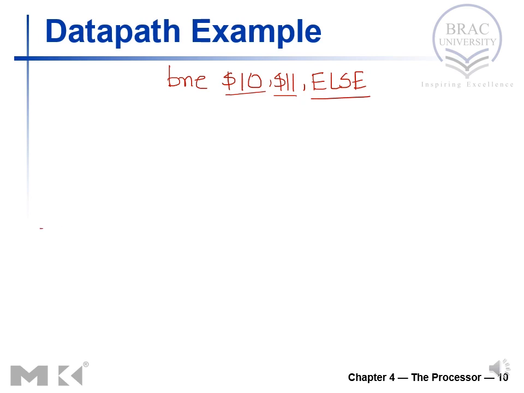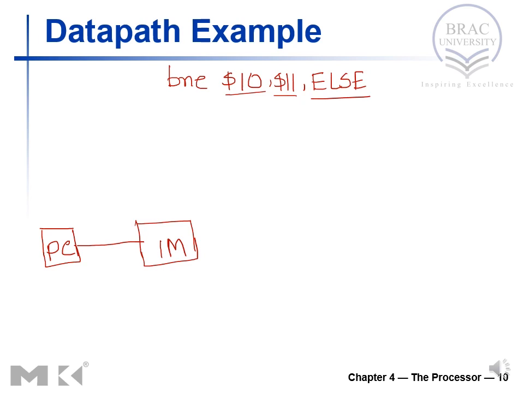We would need a program counter register that would give us the memory address of the instruction, and then this memory address will go to the instruction memory. This is instruction memory. This is program counter.